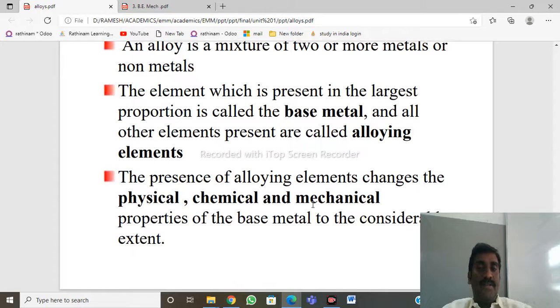The presence of alloying elements also changes the physical, chemical and mechanical properties. We go for alloying elements to modify the physical, chemical and mechanical properties of the base metal, so they can be extended to the requirements of our design. For these purposes, we go for alloying elements.